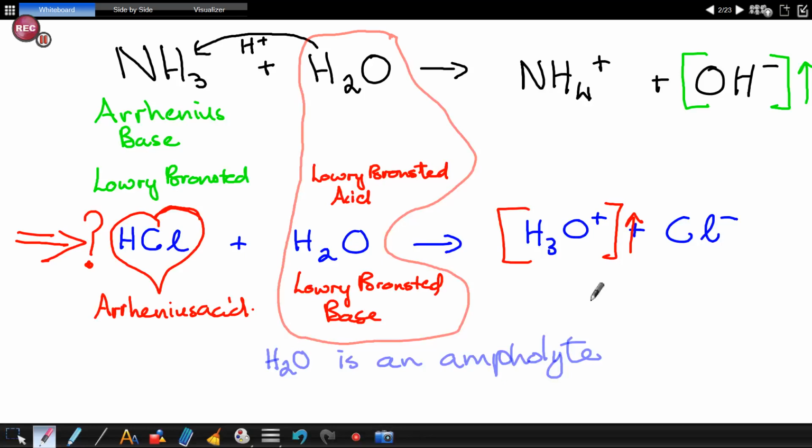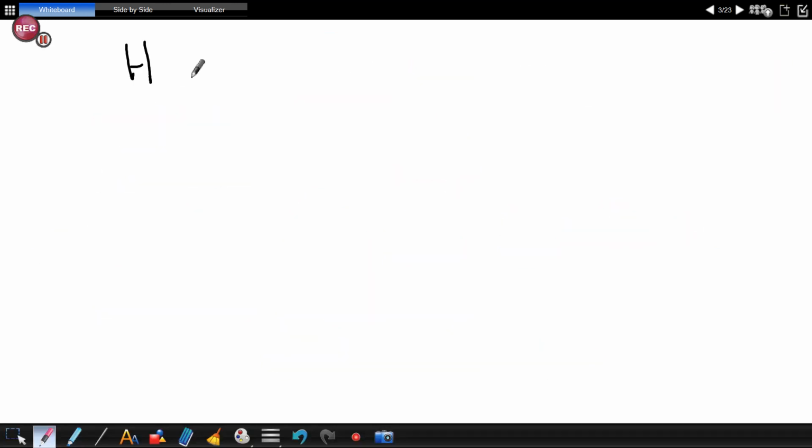The water by itself can't increase the concentration of the oxonium. Sulfuric acid is a very strong acid. So it means that sulfuric acid will react with water and form a high concentration of oxonium ions.